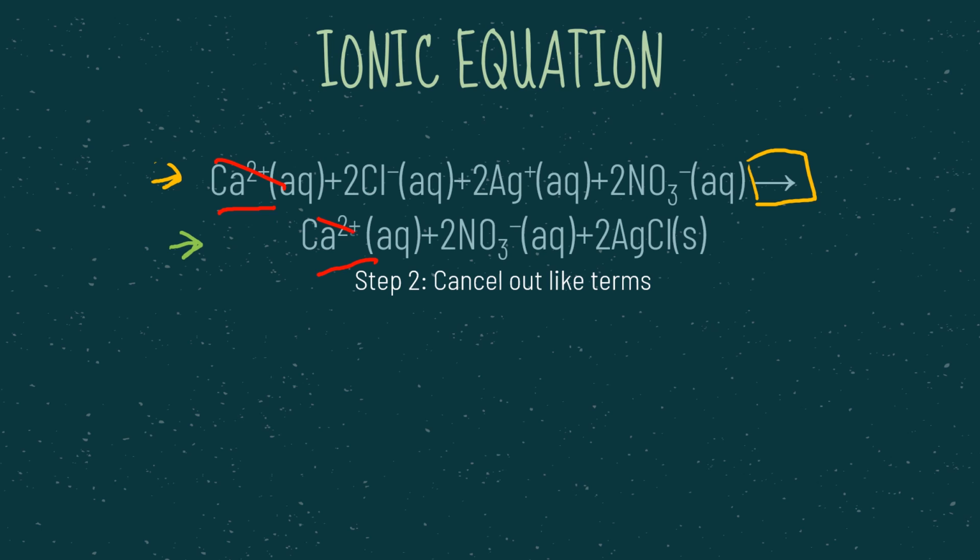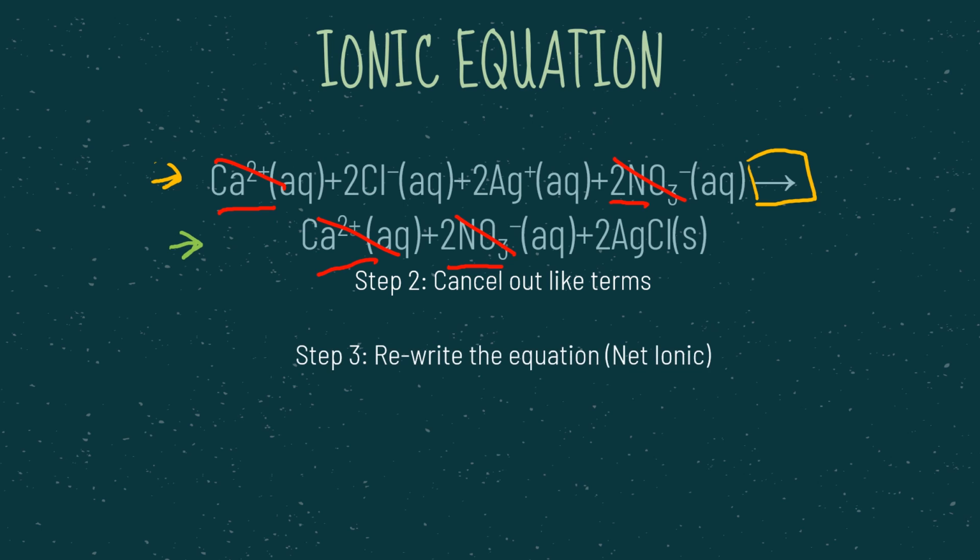Now let's move on to 2Cl-. Since there is no 2Cl- on our right hand side, we will move on to the next one. Next, 2Ag+, and similarly, there is none on the right hand side, so we move on to 2NO3-. We can see that there is one 2NO3- on the left hand side, and there's another one on the right hand side, so we cancel it out.